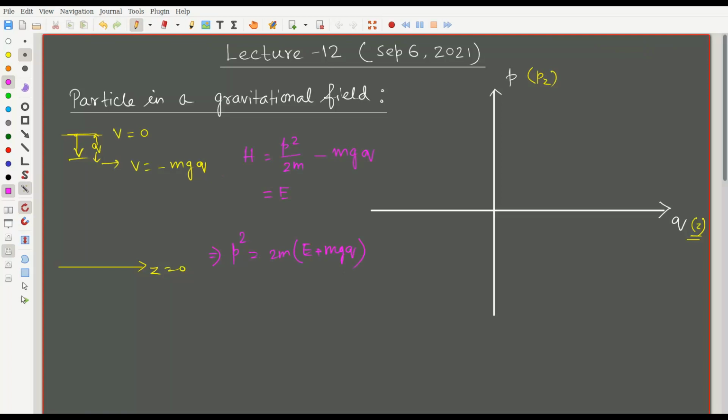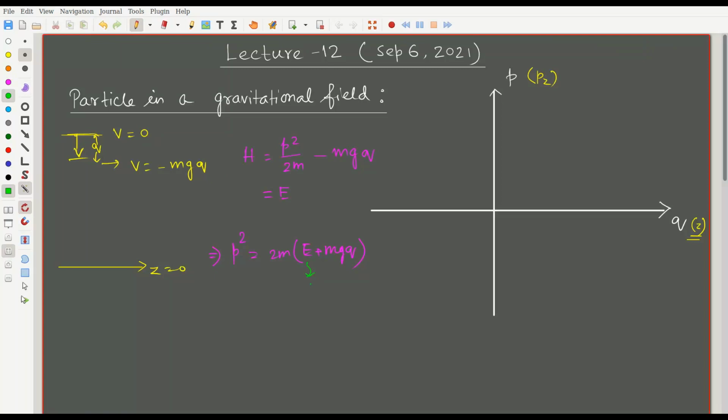Now if I take a constant value for this energy E, I will trace out a curve in the pq plane. In this case, the curve is a parabola.